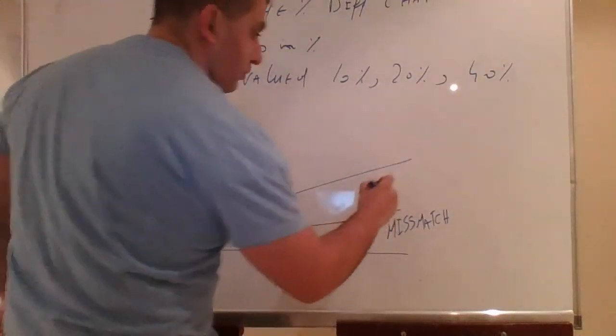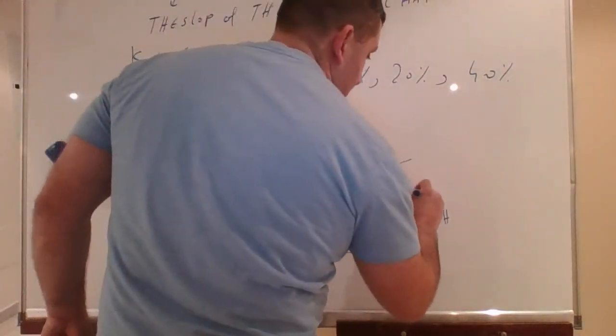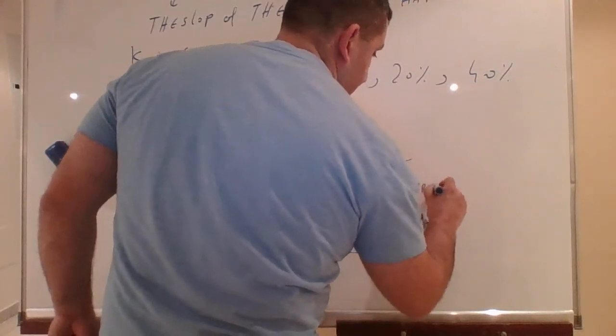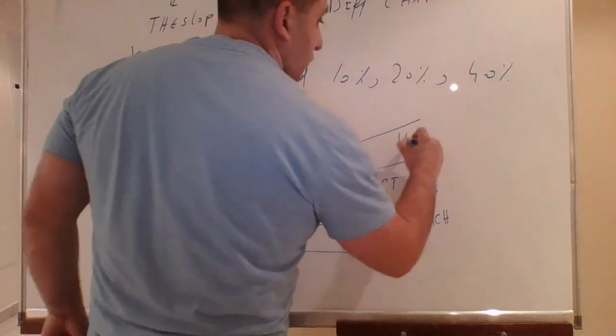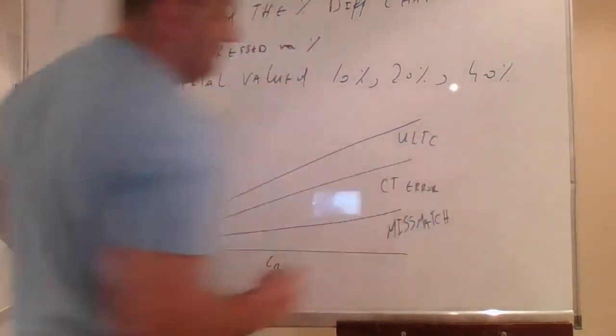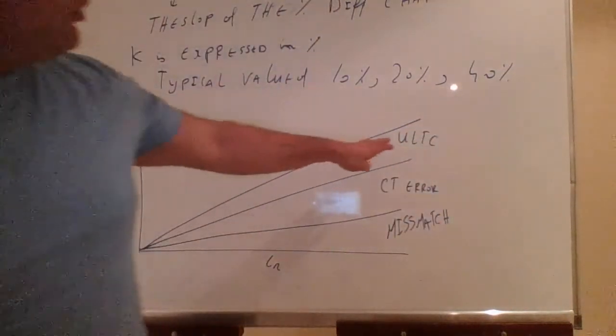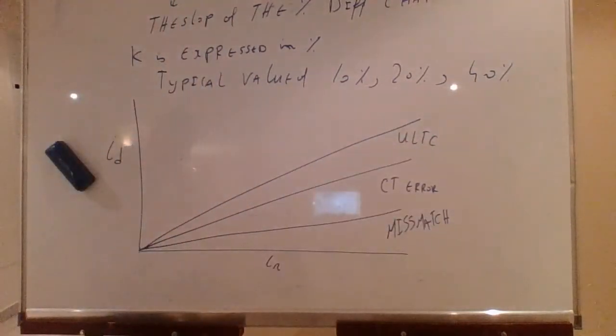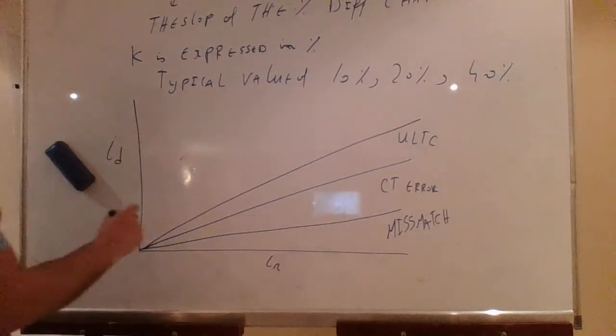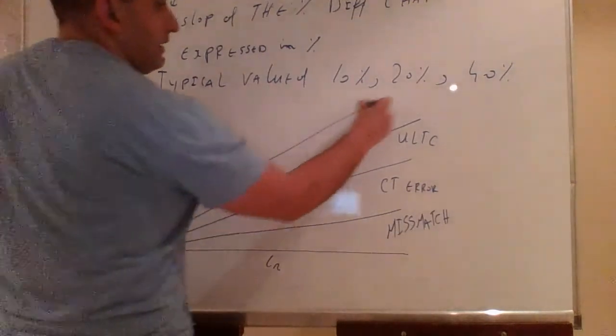The second error will be known as CT error, and then you will have the ULTC. ULTC stands for under load tap changer. And then you will have margin.